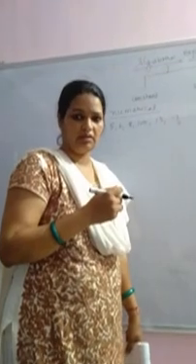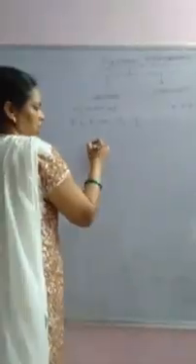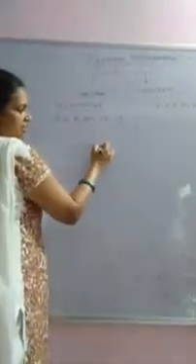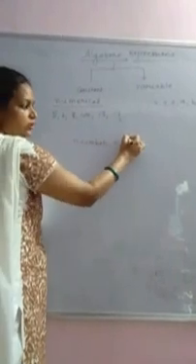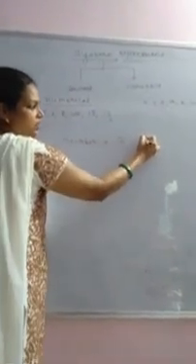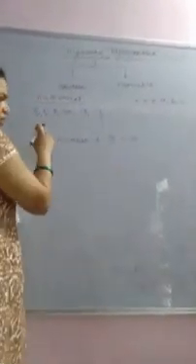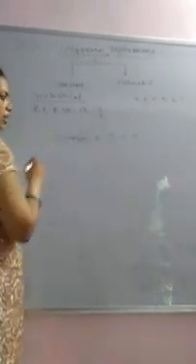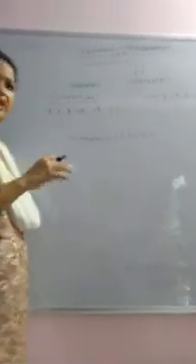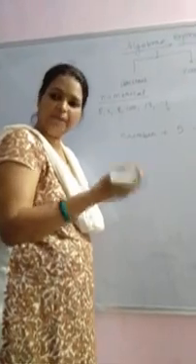I will give you an example. If I say that a number is added to 5 to give 10. So here I have written number, so I will express the number as the variable.